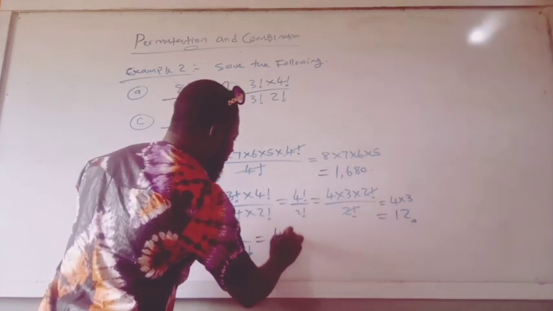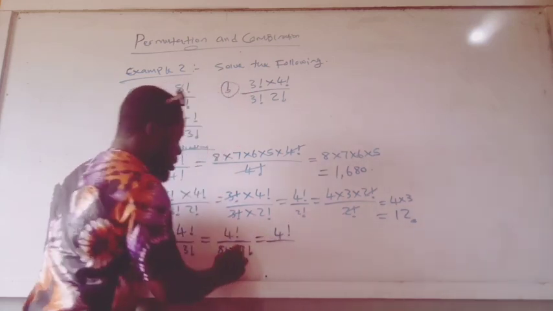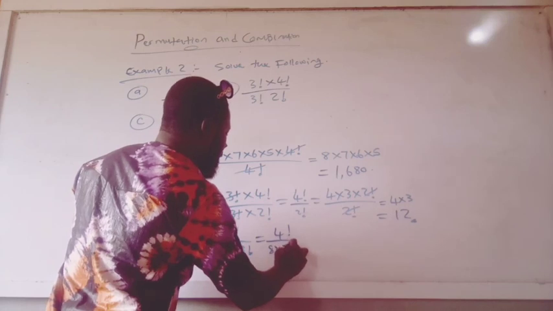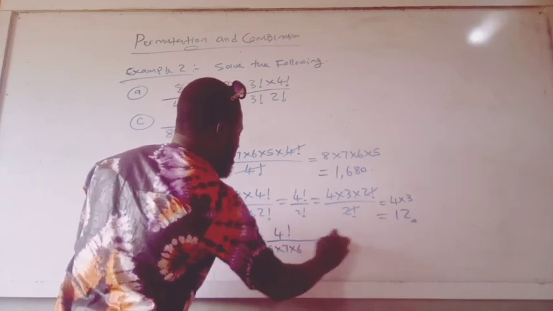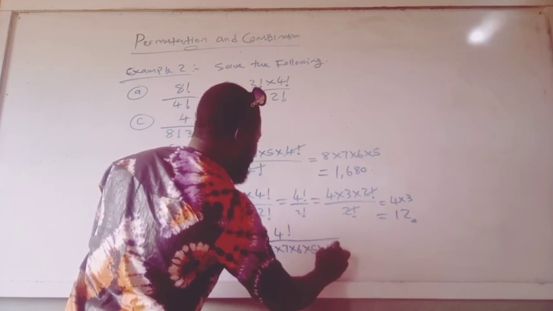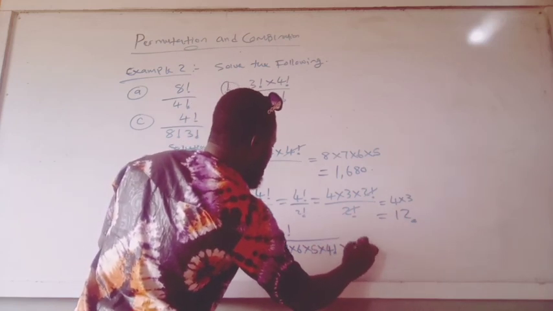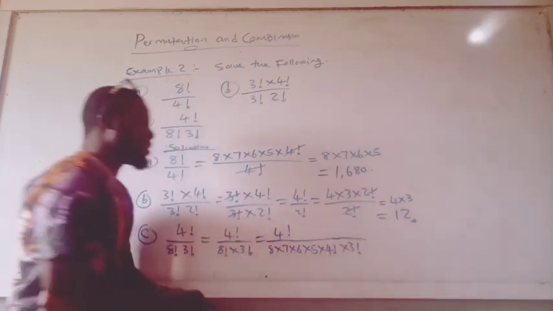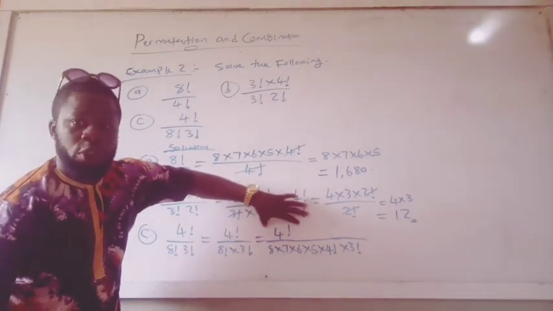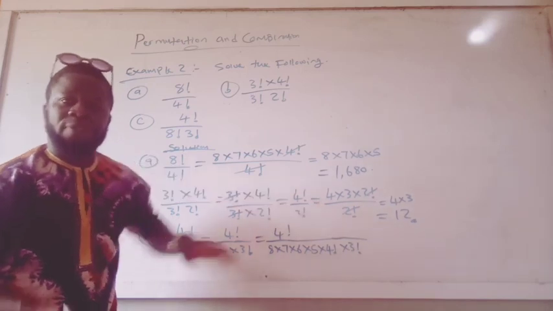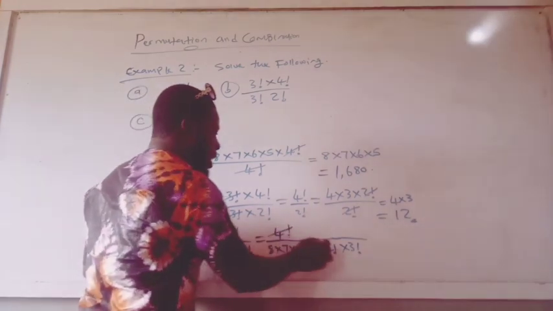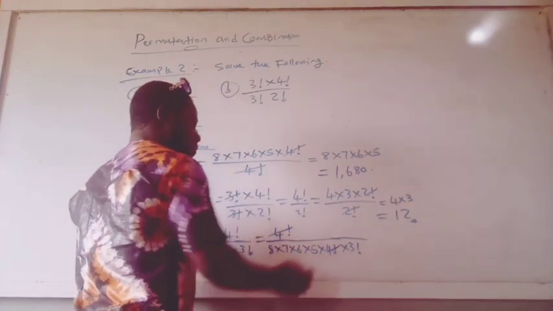So I will have 4 factorial over, then I will have 8 times 7 times 6 times 5 times 4 factorial times 3 factorial. I know your question is, why am I stopping at 4 factorial? It's because I have 4 factorial on top at the numerator side, just for me to use it to cut down. So I have 4 factorial cancel 4 factorial.